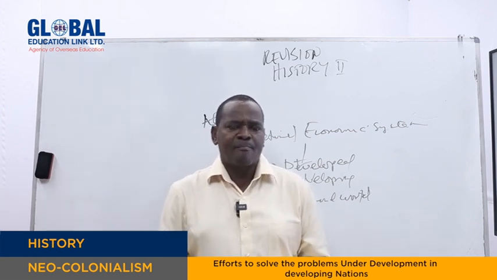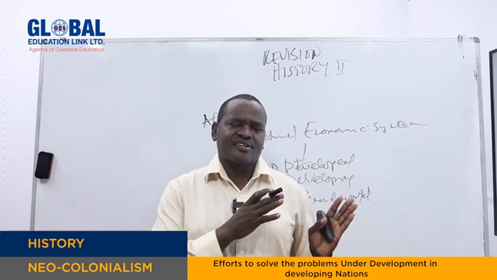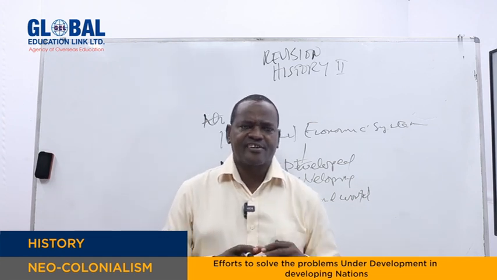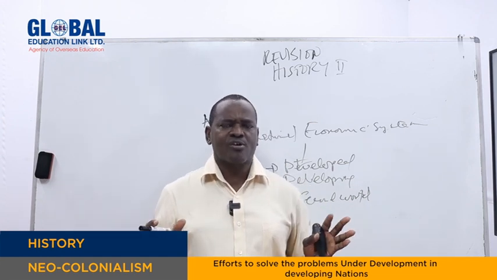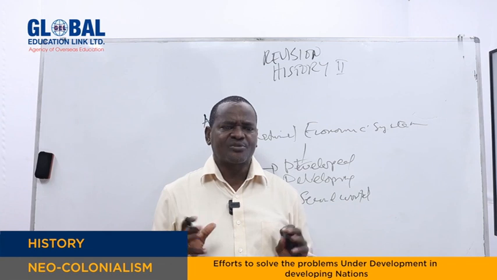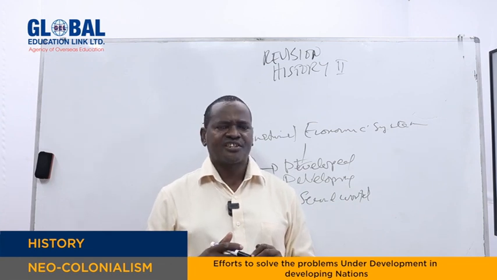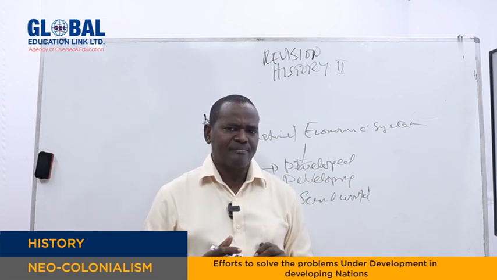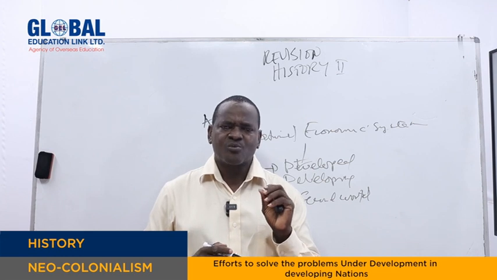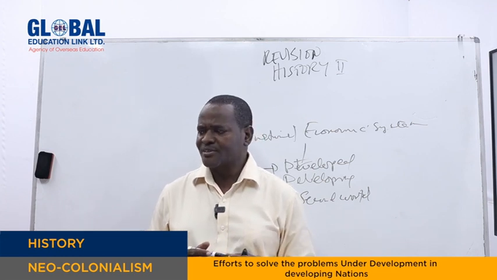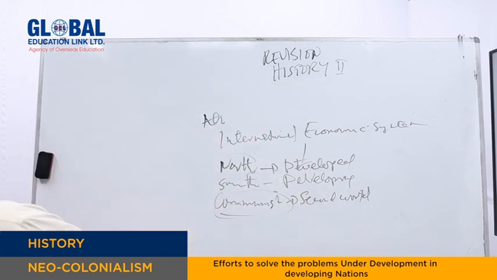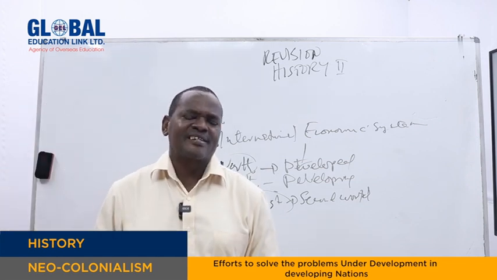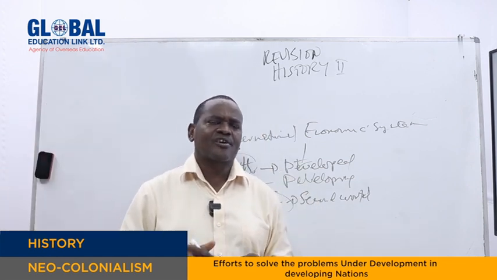That's why Brandt's report has suggested that the northern countries, the southern countries, with the communist bloc, have to cooperate together to change the international economic system. Remember, this is exactly like what we saw in our discussion about NAM, when they suggested the introduction of a new international economic order.